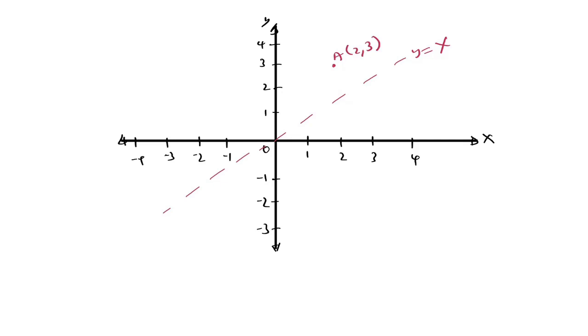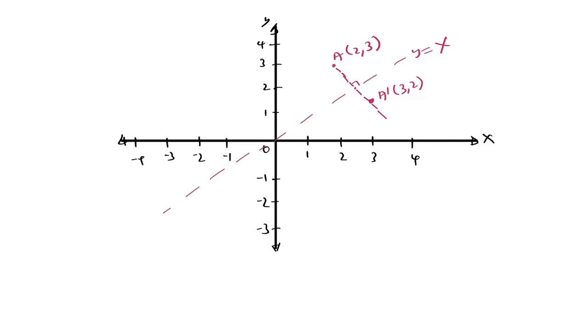Next we are going to draw a perpendicular line from point A crossing the line y equals x. Then we measure the distance from point A to the line y equals x. Now using the measured distance, we are going to locate the image of point A. Therefore, the image is A image (3, 2).